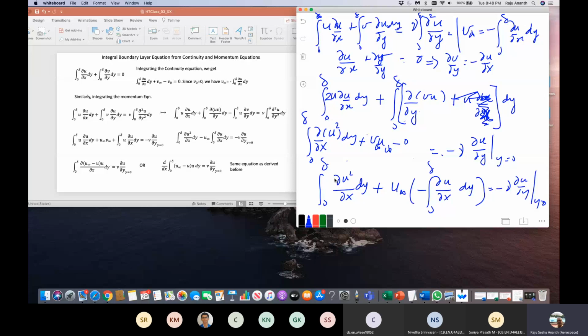Okay, so this u squared is there. I can bring in u infinity, du infinity is 0. So I'm sorry, du minus u infinity multiplied by u. We have already taken this into account here, so this can be taken out. So what do I get?